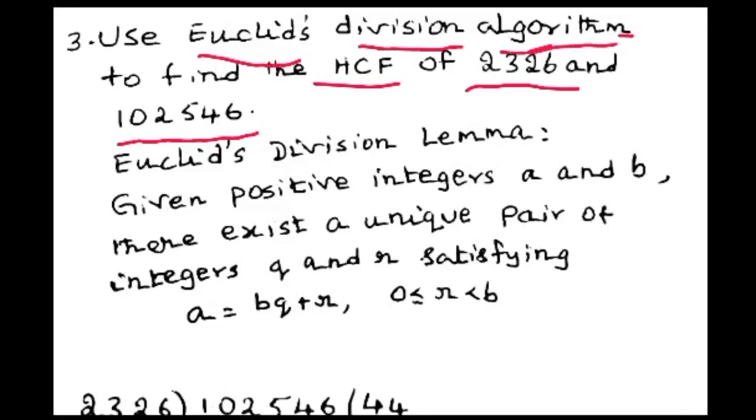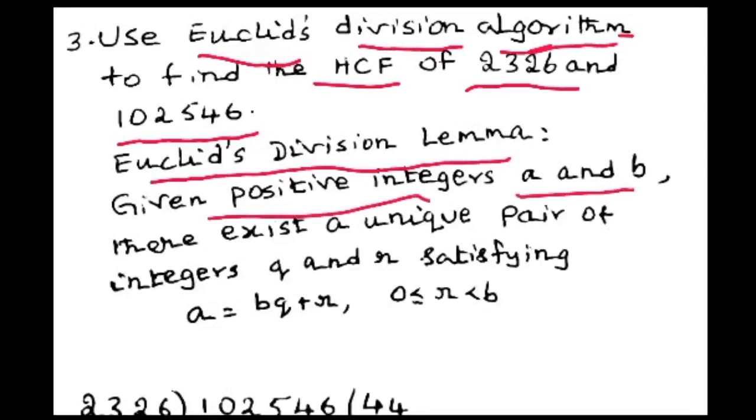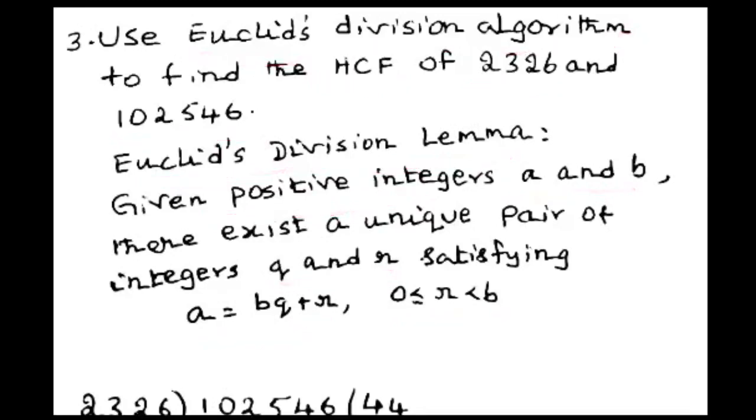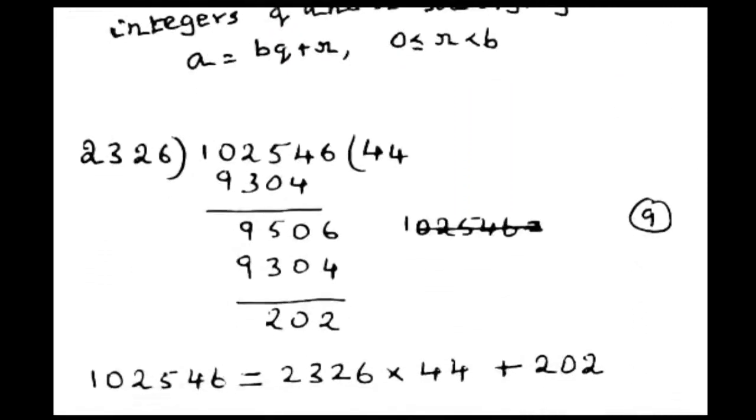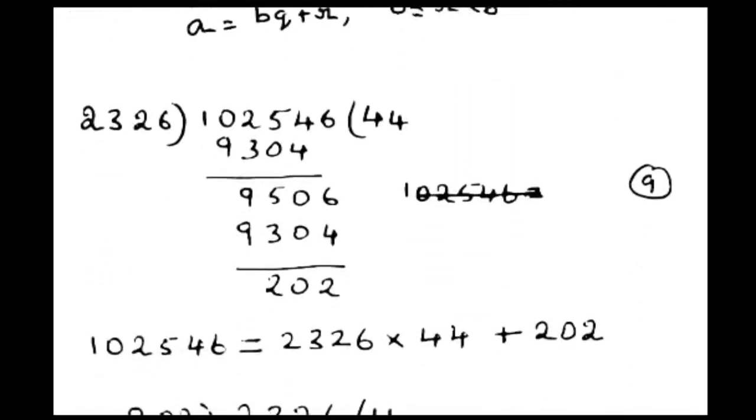Now we note down Euclid's division lemma. Given positive integers a and b, there exists a unique pair of integers q and r satisfying a equals bq plus r and 0 less than or equal to r less than b. We must note down Euclid's division lemma first. Then we divide the larger number by the smaller number.